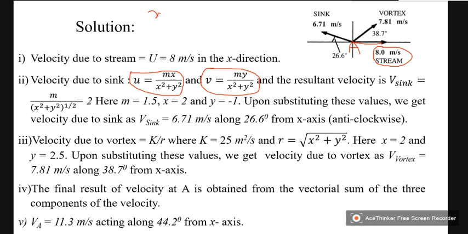I will write here m square x square divided by x square plus y square whole square. And this is u square.